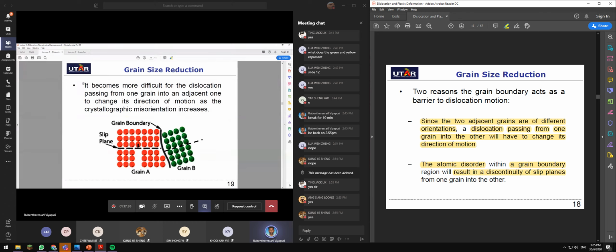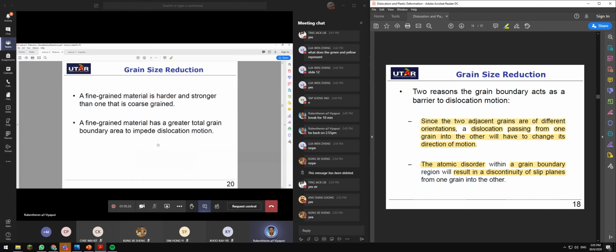Therefore, it becomes more difficult for the dislocation passing from one grain into an adjacent one to change its direction of motion as the crystallographic misorientation increases. More misorientation, more difficult for a dislocation to pass.